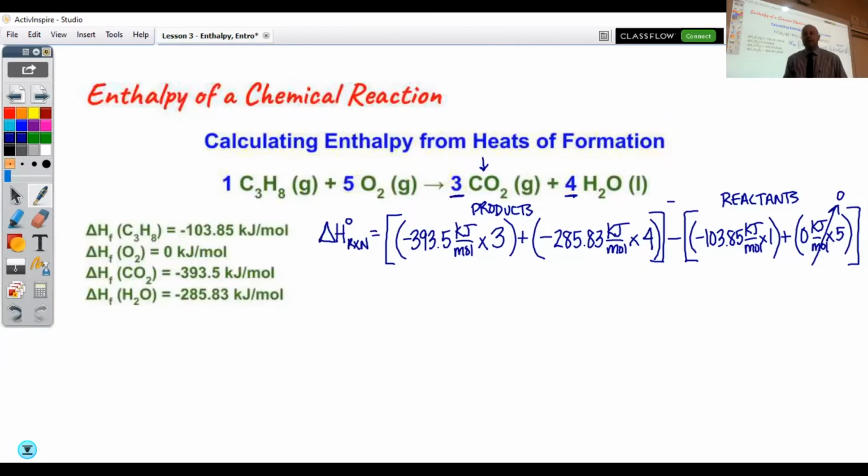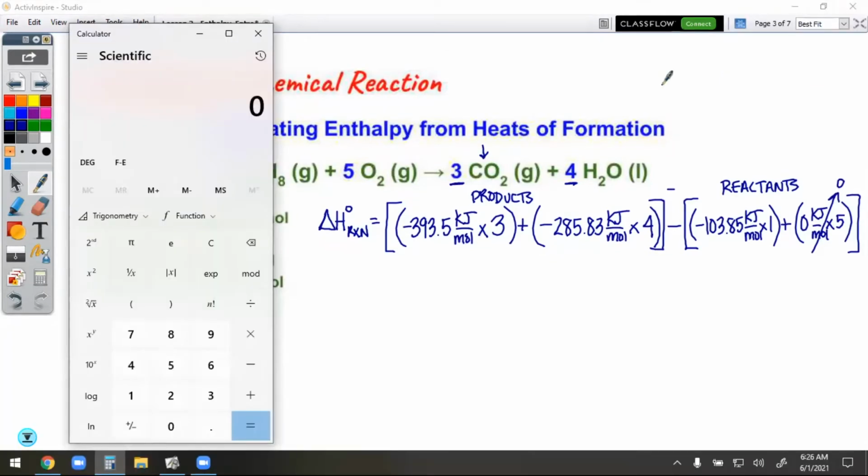Okay, let's plug this into our calculator and let's see what we get here. So I'm going to bring up the calculator. As I type this in, I'm going to use parentheses. So I'm going to have 393.5, which of course is negative, times 3, close parentheses, plus, open parentheses, 285.83.